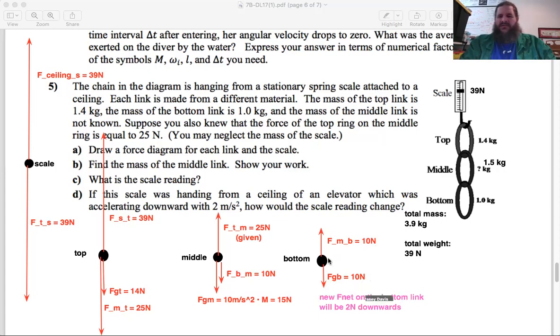So we need these forces to add up to 2 newtons downwards instead of 0. Of these, which one can actually change? Or to put it another way, is there either one of these that we know is not going to change just because we put this in an elevator?